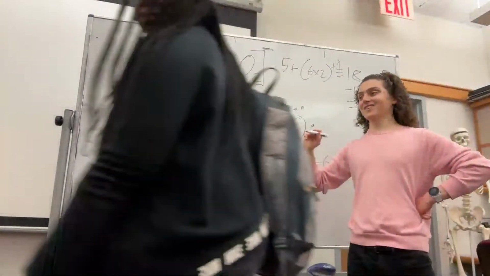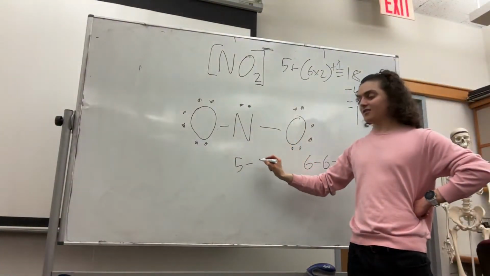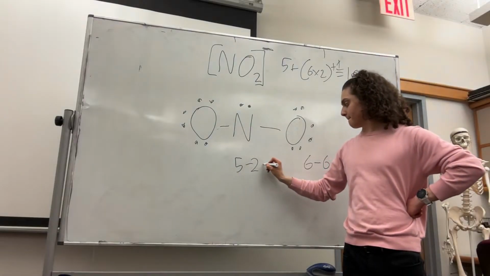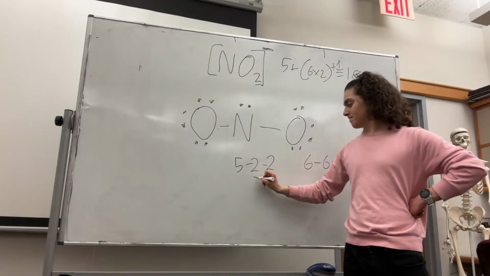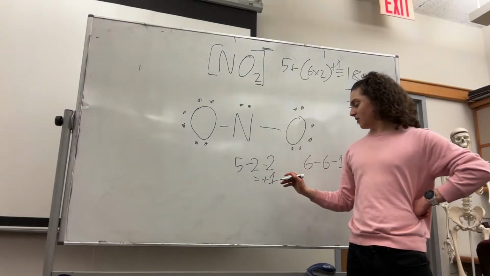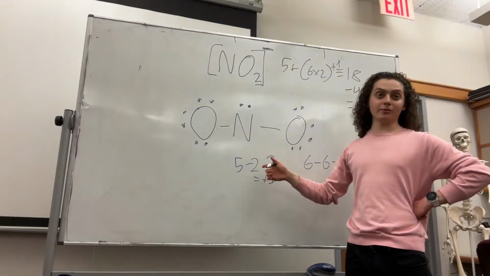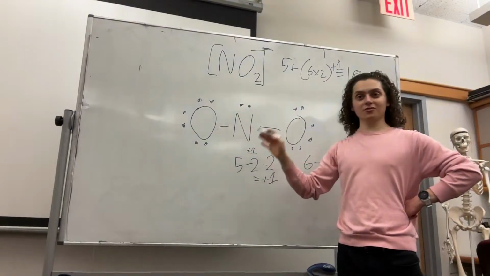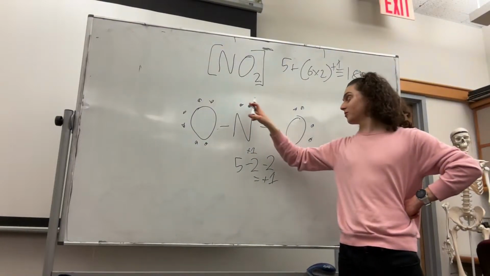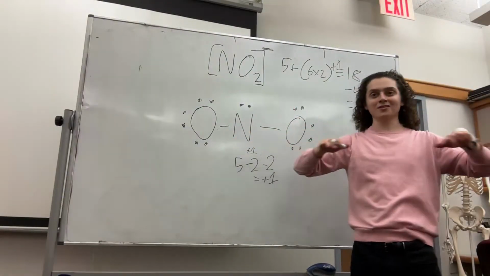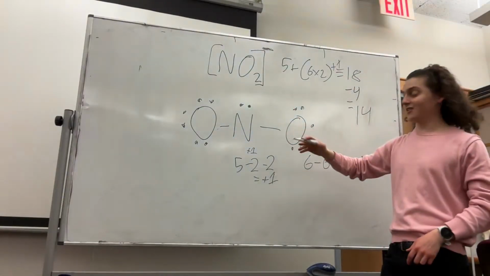It would be 2 and then another 2 for the pairs. So, first of all, there's a plus 1 formal charge here. But there's a bigger issue. How many electrons are surrounding nitrogen? 1, 2, 3, 4, 5, 6. Octet rule broken. Totally not cool. We can't have that.